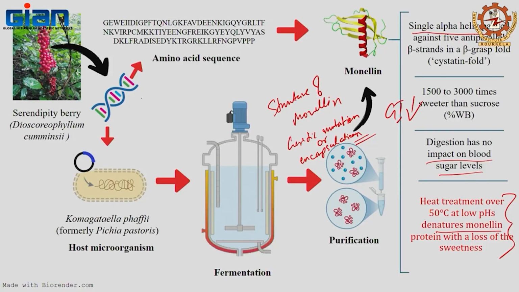It is obtained from the serendipity berry, which is commonly grown in Africa. One of the hosts that I had proposed would be a yeast, Pichia pastoris, which can be used to produce this on a large scale. When you are working with the yeast, the type of reactor which is mostly used would be a fed batch reactor.